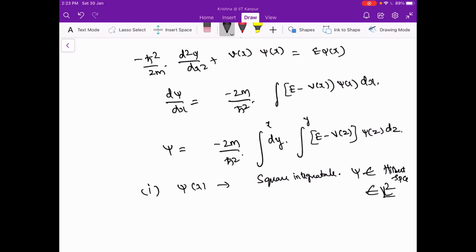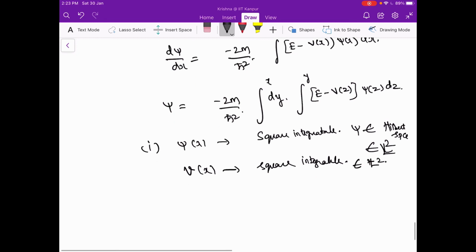And the potential is also square integrable, so we are not talking about potentials which blow up to infinity. It also belongs to L2. If this is true, we can clearly see that the integral of E minus V of x into psi of x should be less than infinity. How?